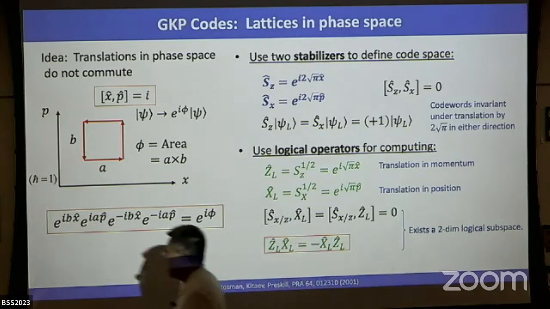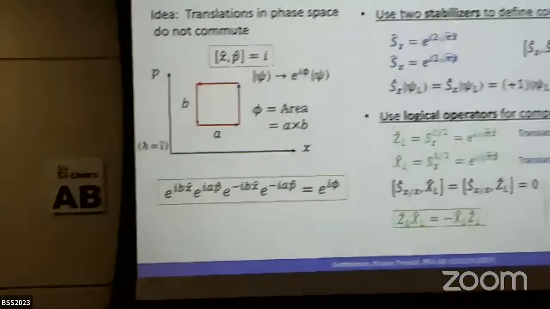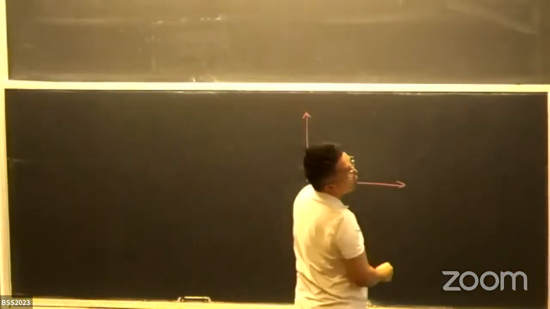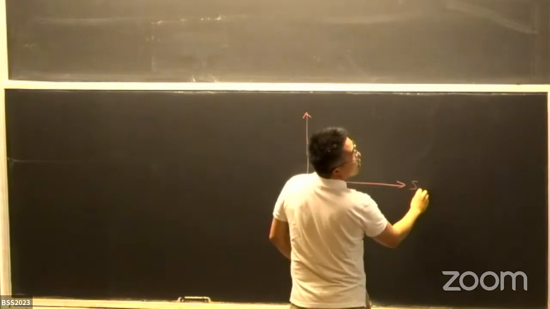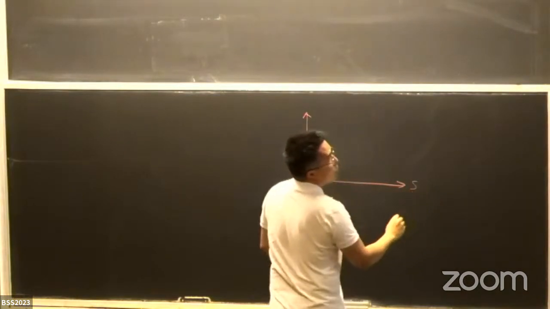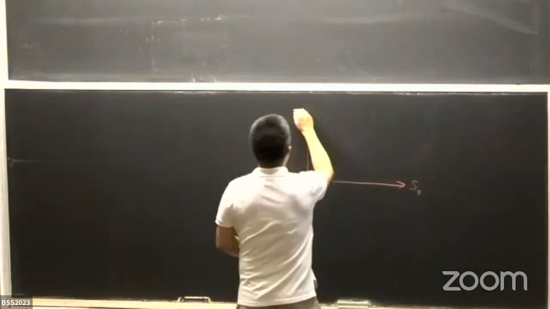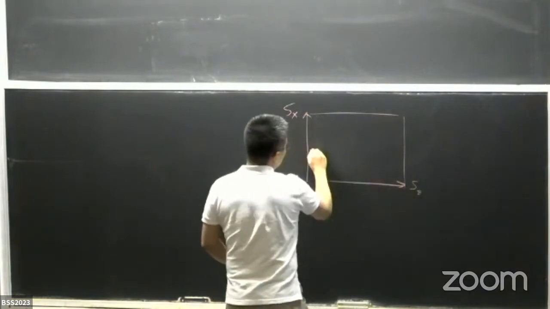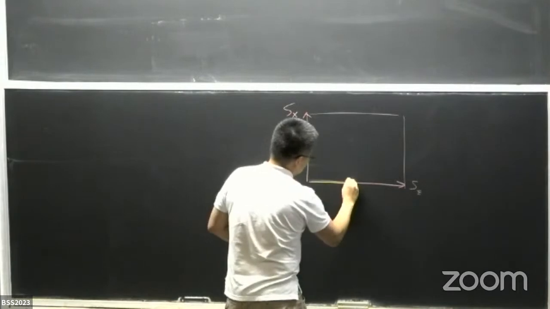Once I make that definition, one can see if I can find the matching colors for the stabilizers. That's SZ, and that's SX. And the logical Z operator is only half of the stabilizer.